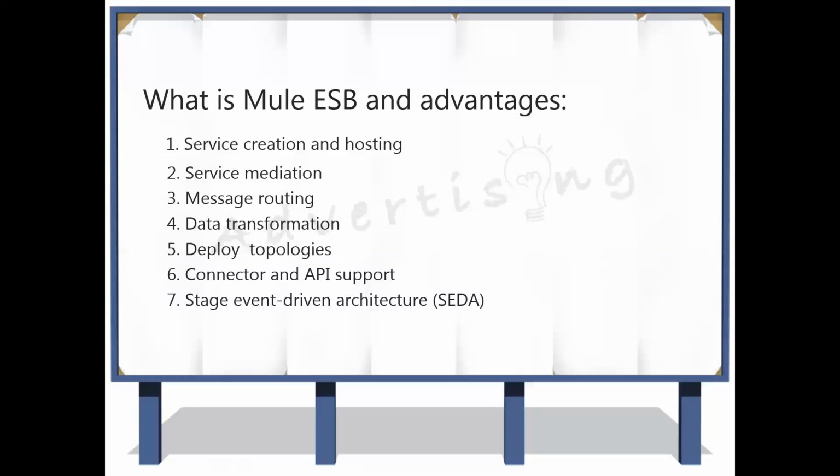So in the ESP, we have a few components like transformers, where by using them we can transform the data from one format to another format. So it's like we need to transform this XML to JSON. By using transformers, we can do that. If you compare the transformation components in Mule ESP to the components in other ESPs, I don't say it's easy, but the learning curve is very easy for us in Mule ESP.